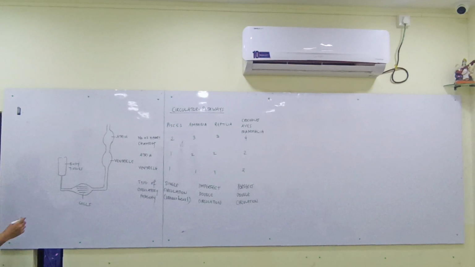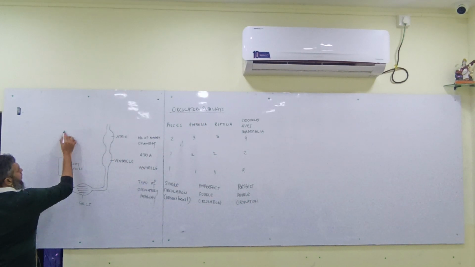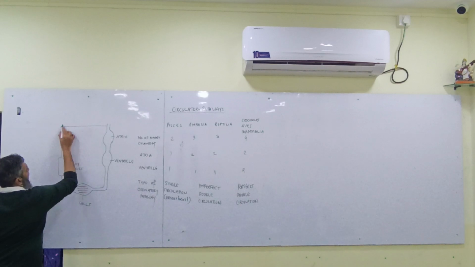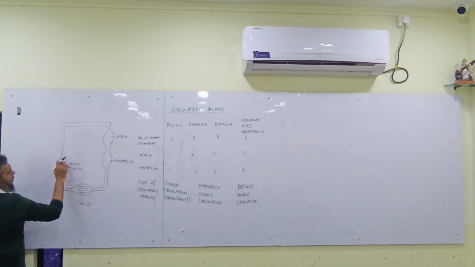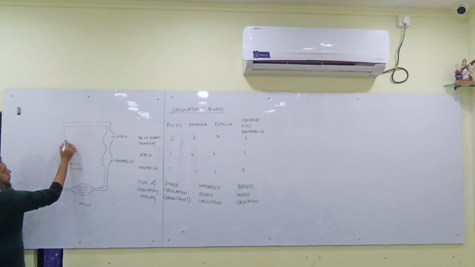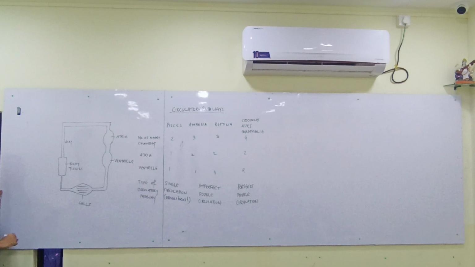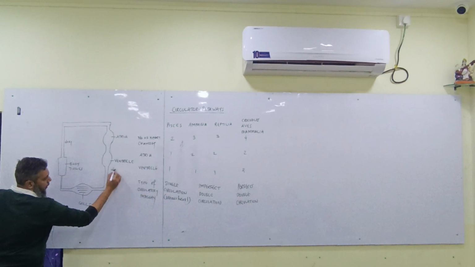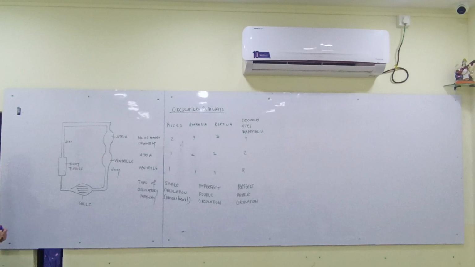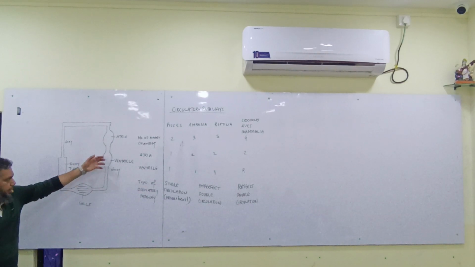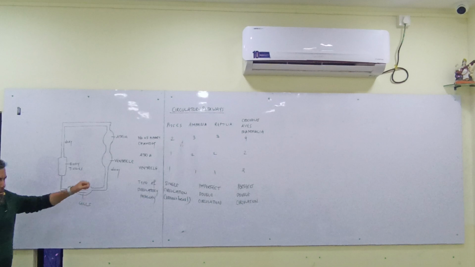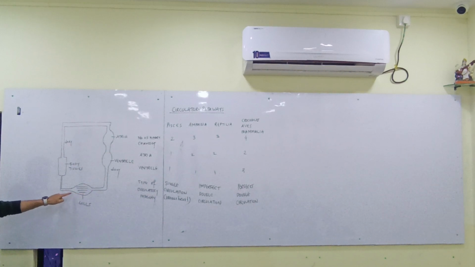The body tissues will use the oxygenated blood and the blood will get deoxygenated, and the deoxygenated blood will go back to the atria. So if you observe over there, as the ventricle undergoes contraction, the blood flows into the respiratory organ and the body tissues in the same circuit at the same time.